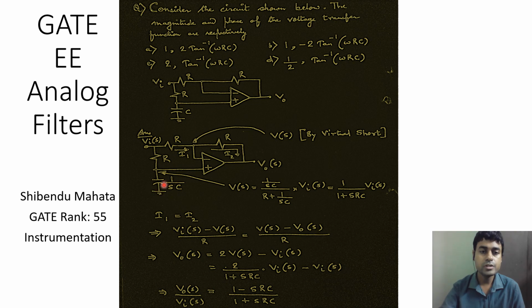Instead of a resistance, it has been replaced by a capacitive element, but the approach remains the same. So what we have found is the voltage at this node, and from the principle of virtual short for an ideal op-amp, the voltage at the other node will also be the same as V(S).